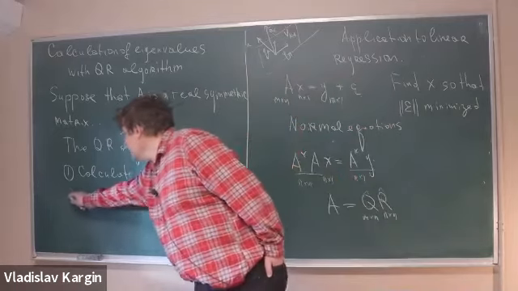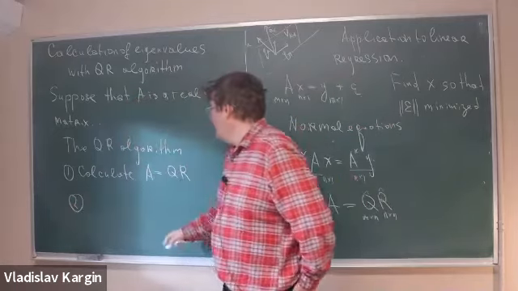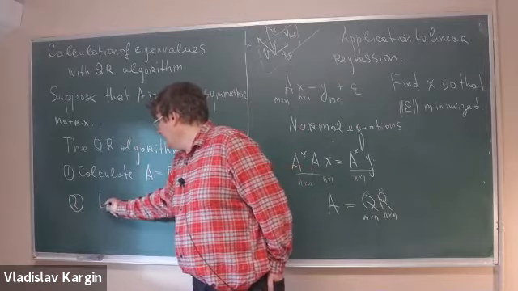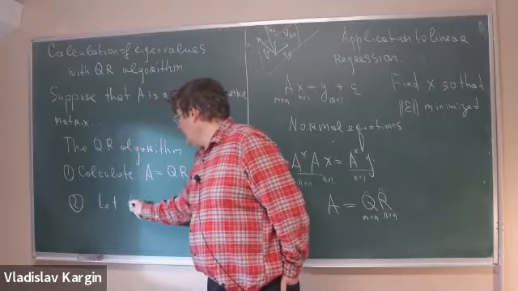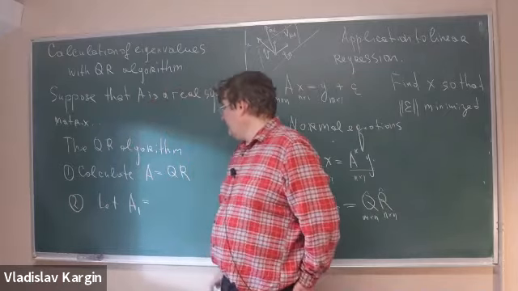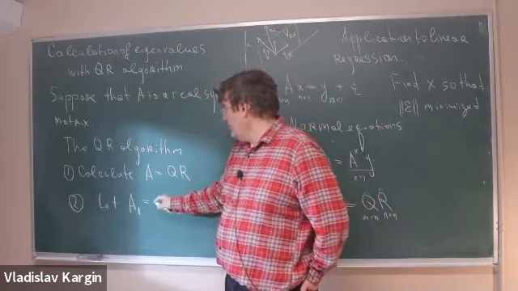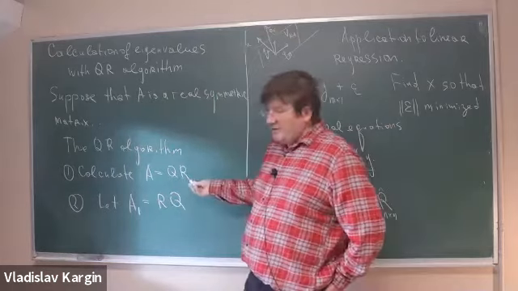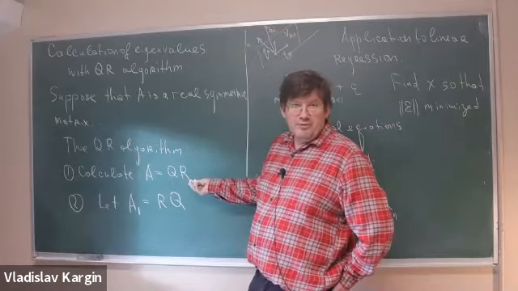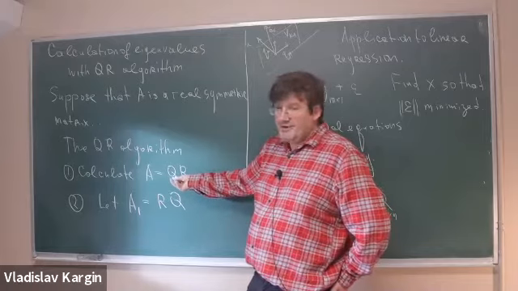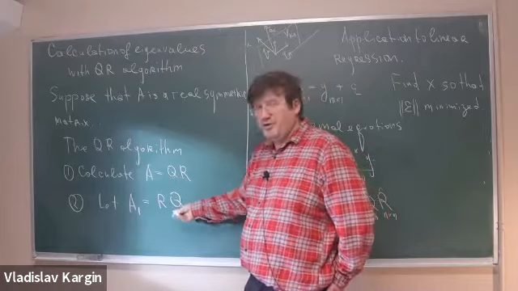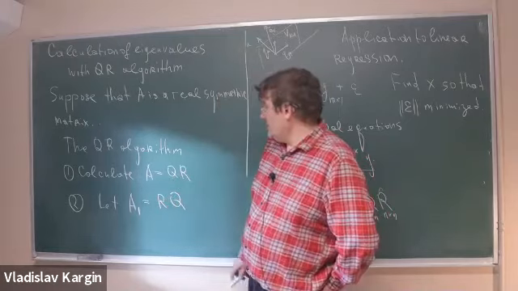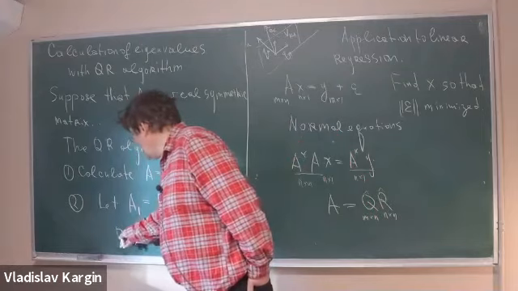And second, let A1 be equal to RQ. So just take this QR and multiply it in the opposite direction. Here's the multiplication QR, you multiply it as RQ. This in general gives a different matrix A1. And after that, repeat.